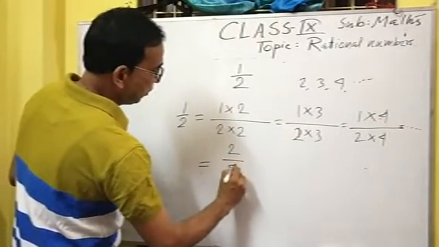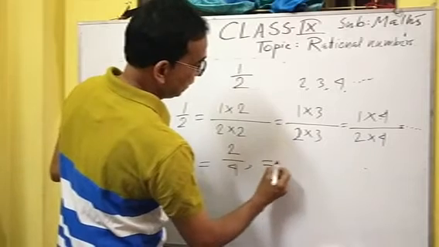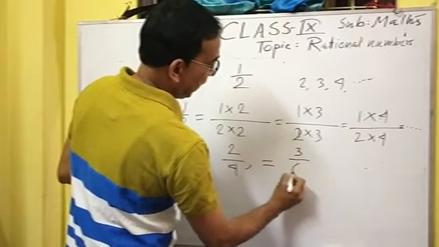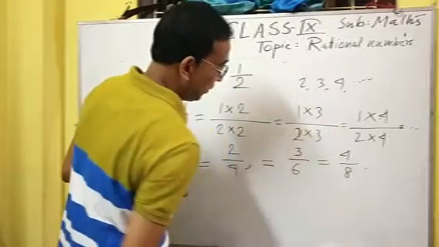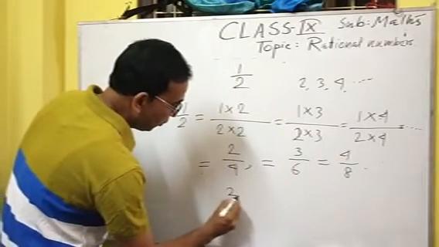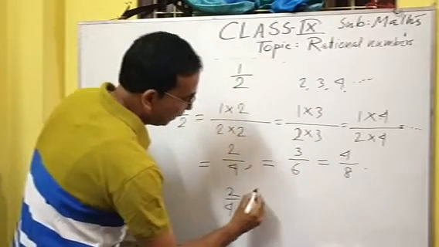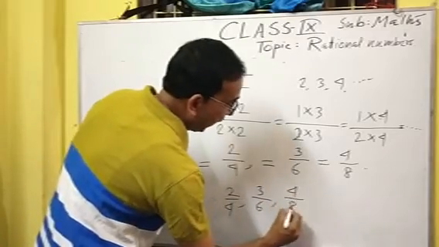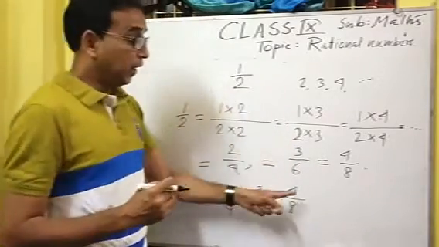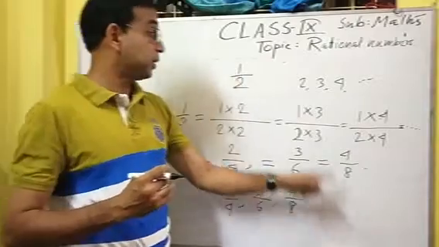That gives 2 by 4, 3 by 6, 4 by 8. So, 2 by 4, 3 by 6, 4 by 8 are the equivalent rational numbers of 1 by 2.